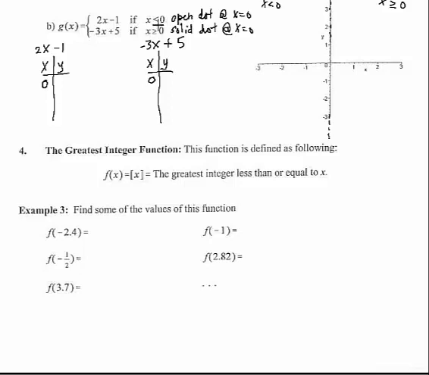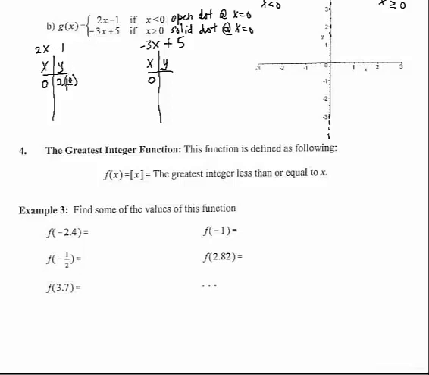Why? Because if you look at the inequality symbols, this one does not have an equal to, and this one does have an equal to. Equal to, solid dot, no equal to, open dot. So let's calculate some coordinates.